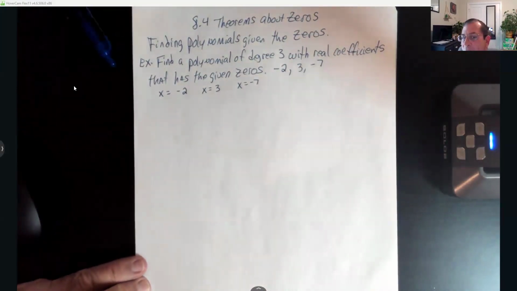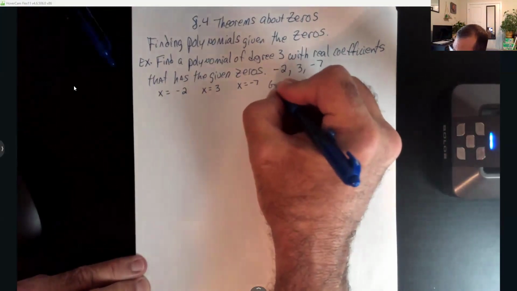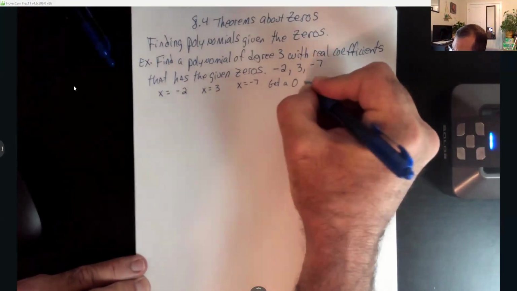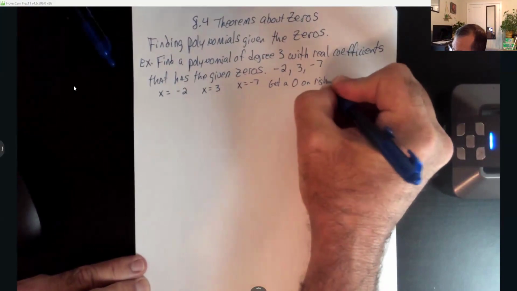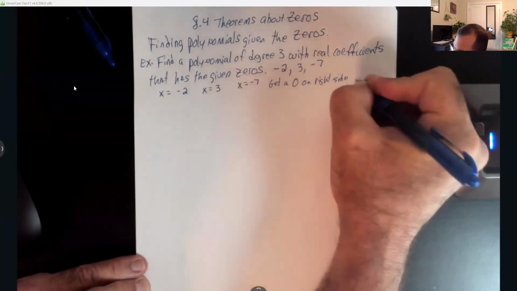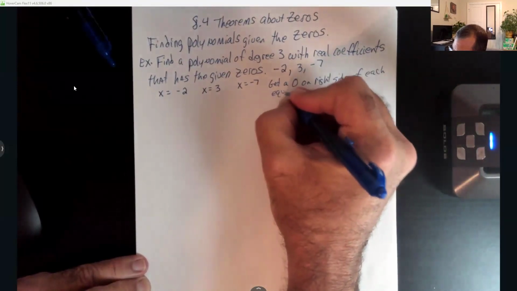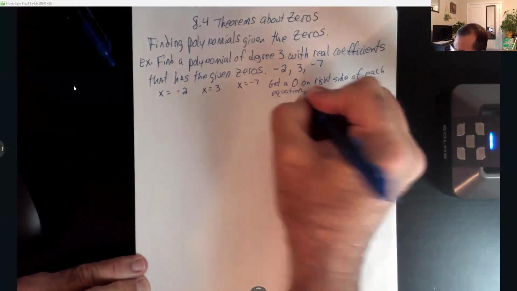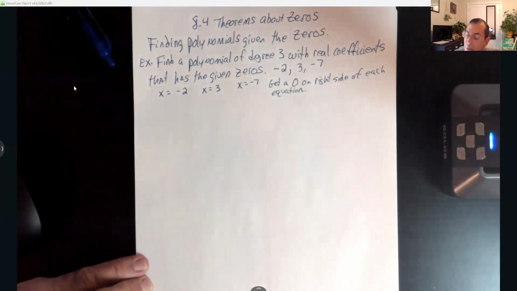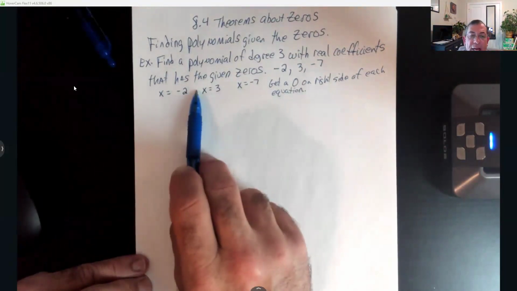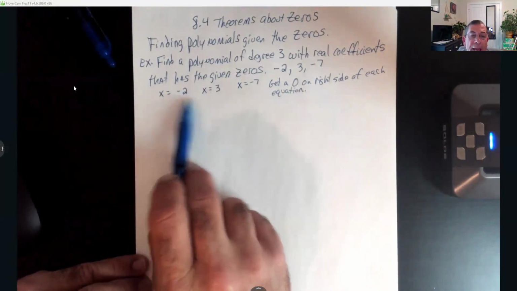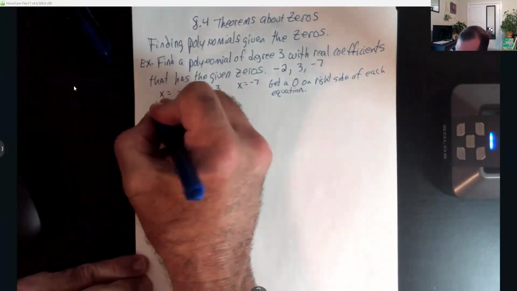So y'all, the first step I would do to this, I need to get a 0 on the right side of each equation. Because remember, I'm working in reverse. So if I'm going to get a 0 on the right side of each of these equations, I'm going to add 2 to the first one.